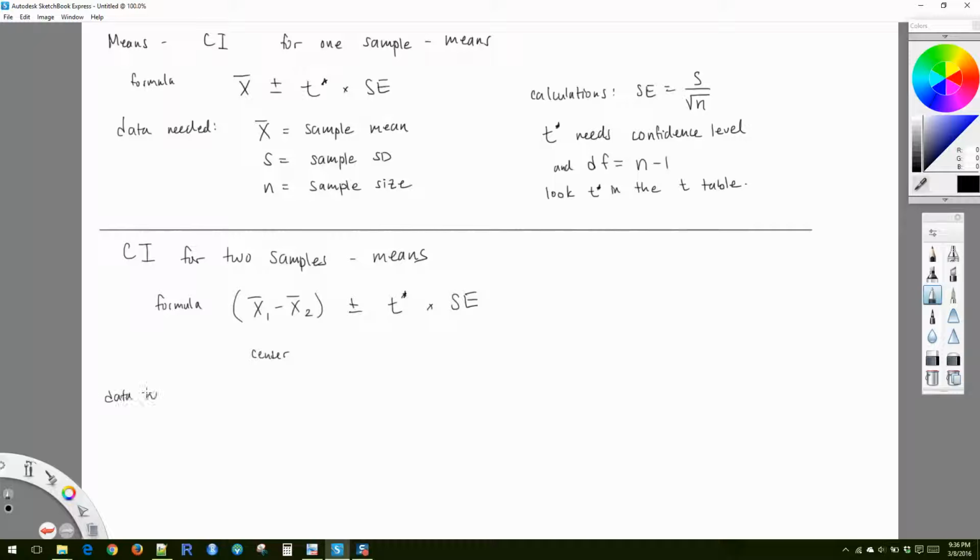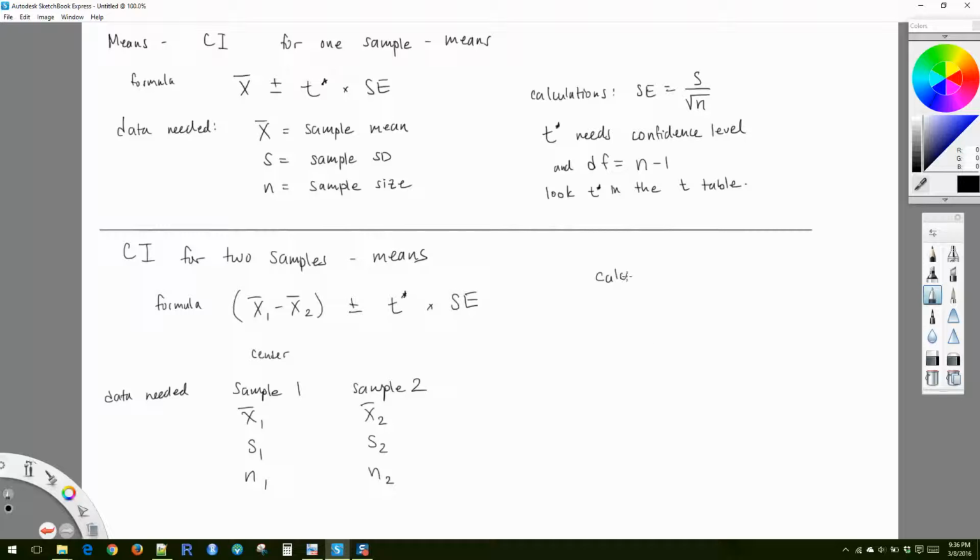The data needed this time, we've got two samples. We've got sample 1 and we have sample 2. We're going to need an x bar from sample 1, an s from sample 1, and an n from sample 1. We'll also need an x bar from sample 2, an s from sample 2, and an n from sample 2.